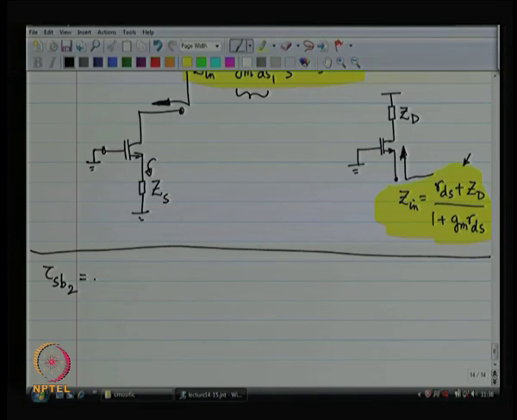So you get 2K divided by 1 plus 11 millisiemens times 2K, right. So it's about 87 ohms.